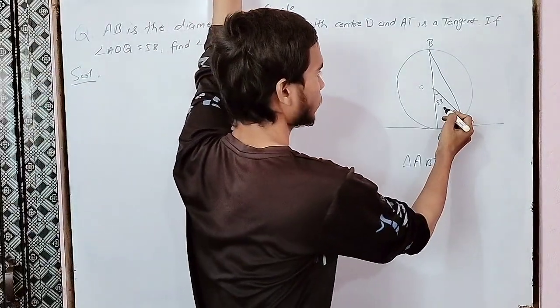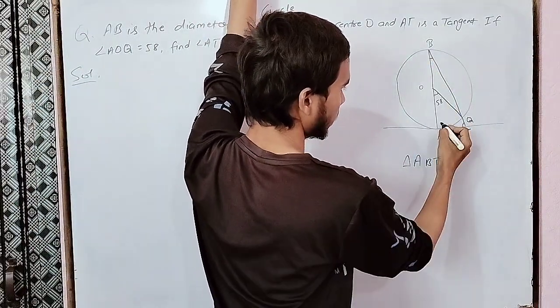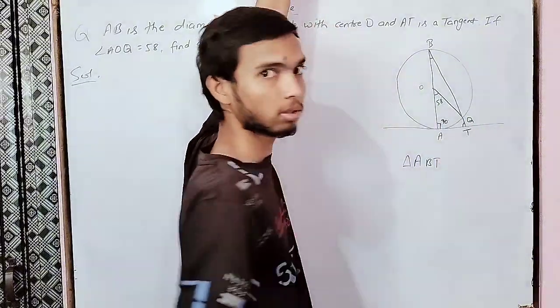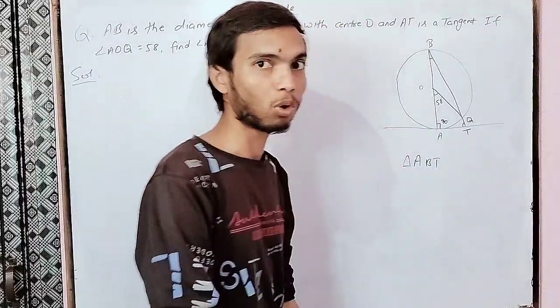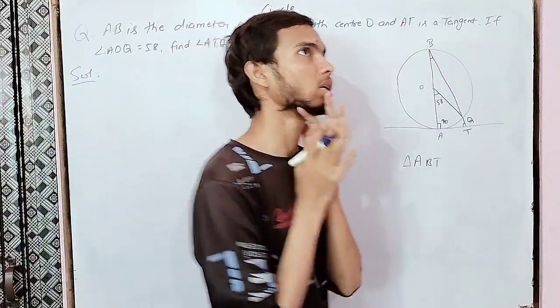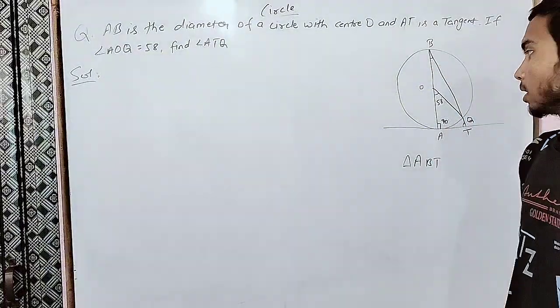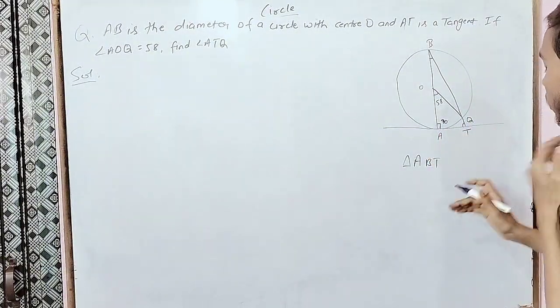So we know this is 58, then of course this will be half. And this is 90 degrees, from theorem number 1, I think. This is 90 degrees because OA is perpendicular to AT. When it comes to perpendicular, that's why this will form a 90 degree angle.